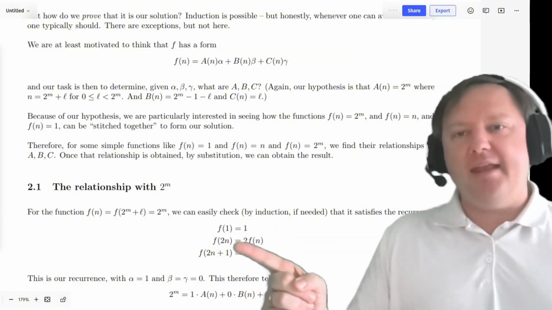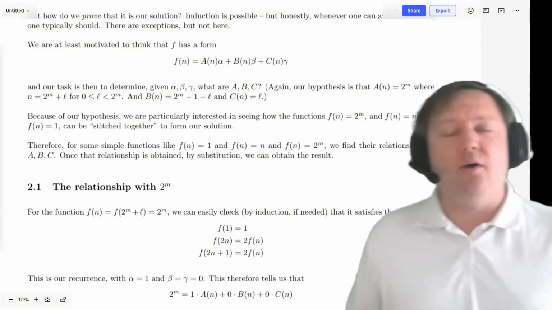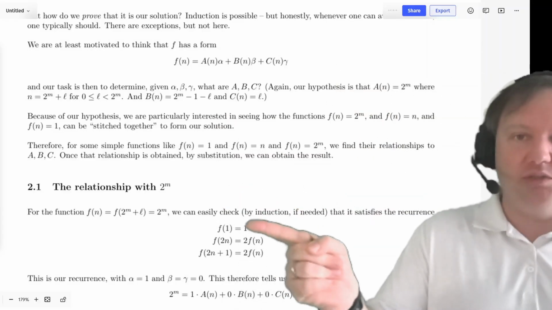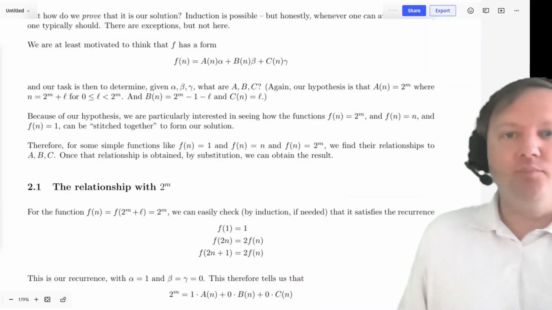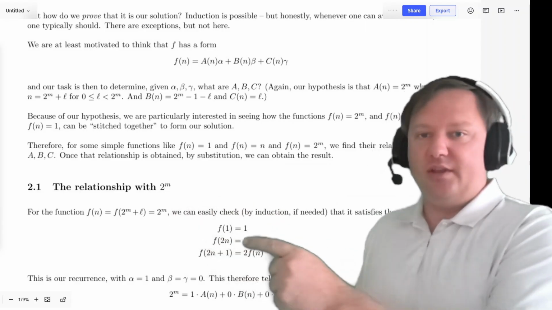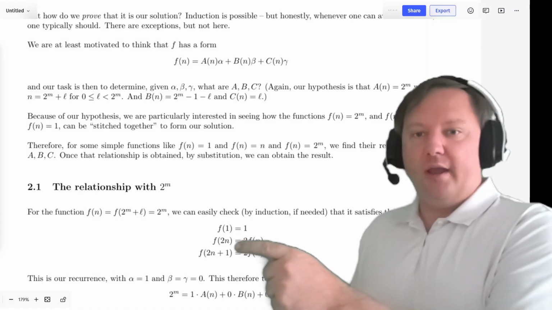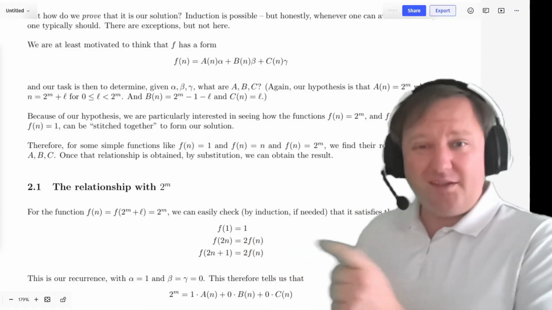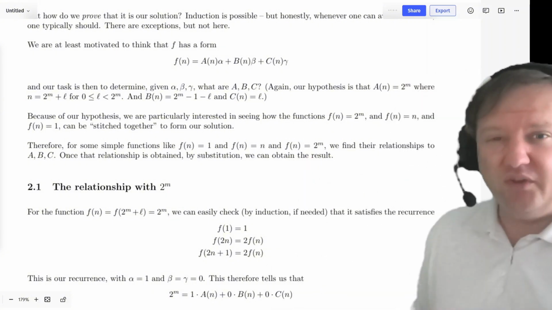Okay, so if we take n equal to 1, what is the largest power of 2 that is less than or equal to 1? Well, it would be 2 to the 0, which is equal to 1, so it satisfies that. If we then try to build the recurrence that is true for f of 2n, well, it is 2 f of n plus what? Plus, I think pretty clearly, 0.